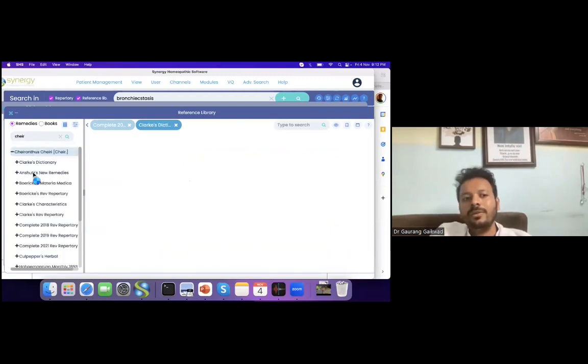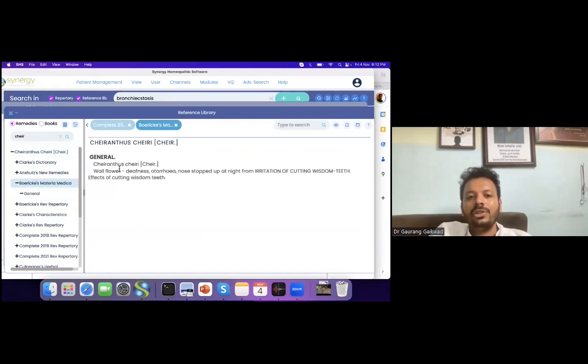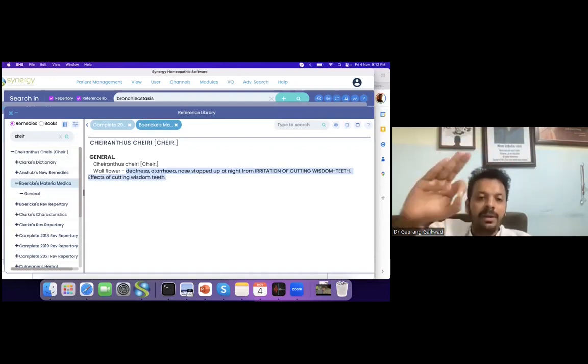Cherianthus. Look. Deafness, otorrhea, pains in the mouth, nose is stopped at night from irritation of cutting of wisdom tooth, effects of cutting of wisdom tooth. Another remedy, magnesium carb. Another remedy, chamomilla. So interesting.